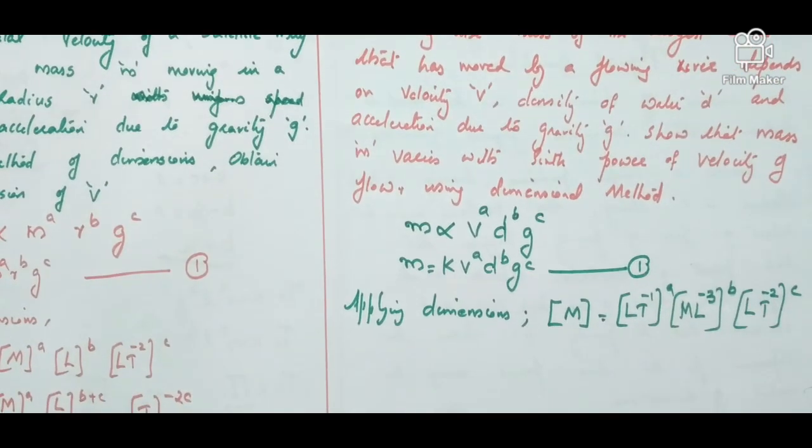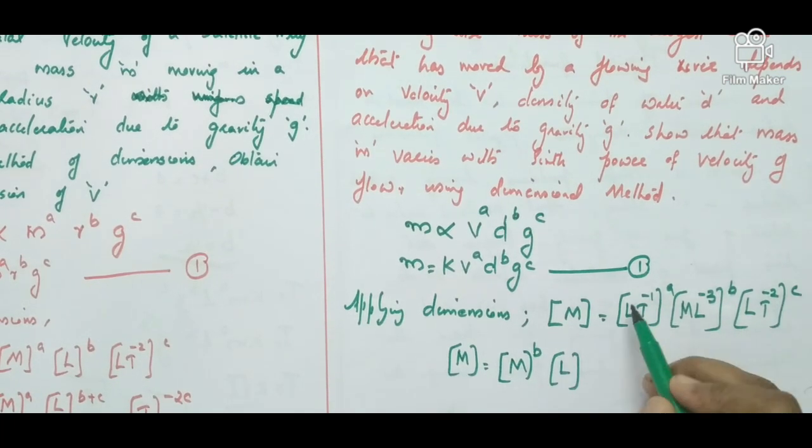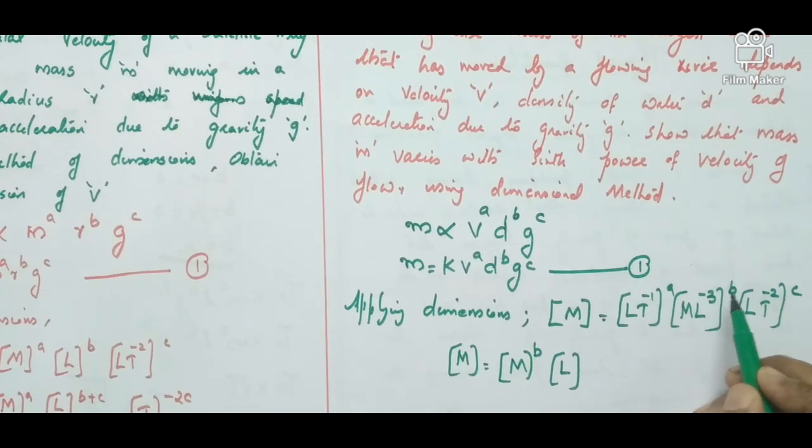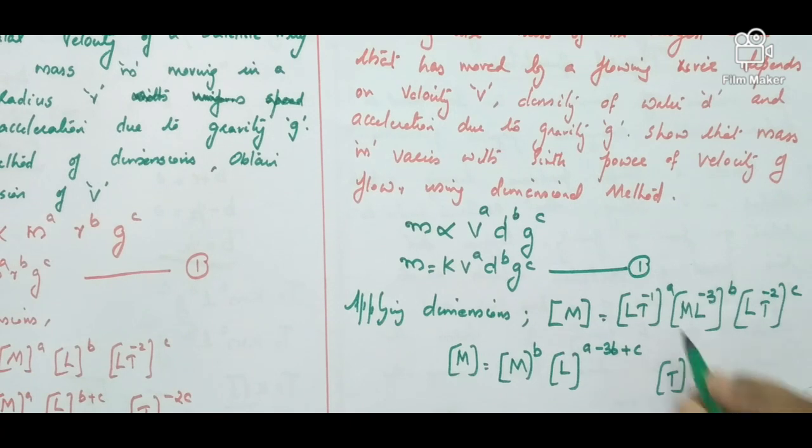Now we take the mass terms together, length terms together and time terms together. So M raised to b, then L raised to a minus 3b plus c, then t raised to minus a minus 2c.